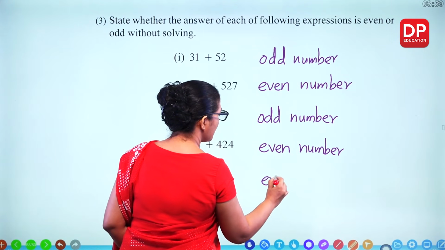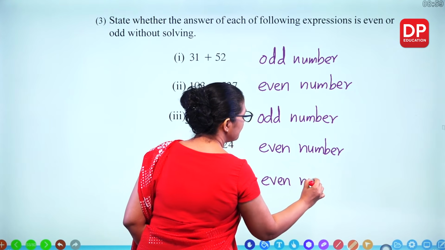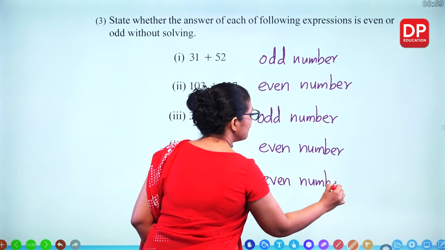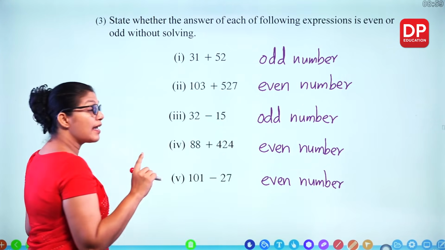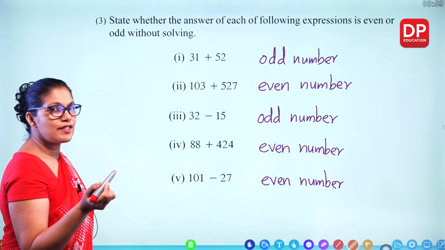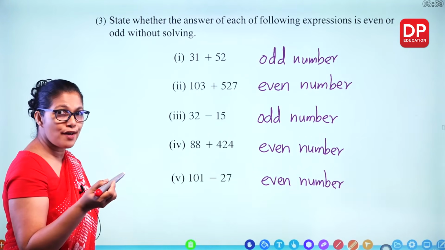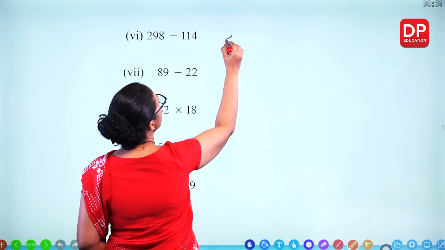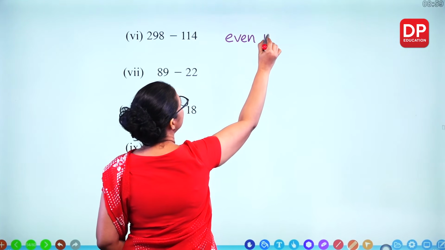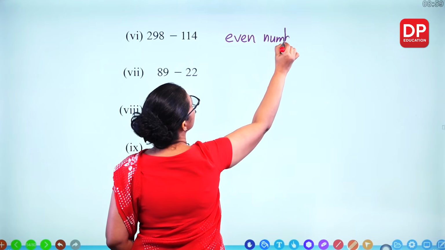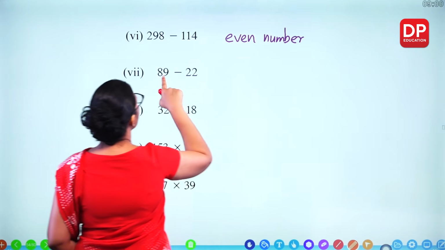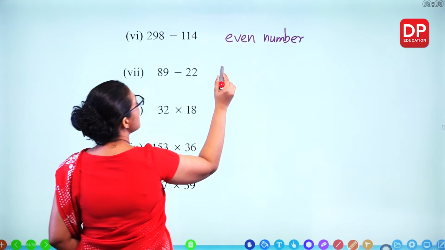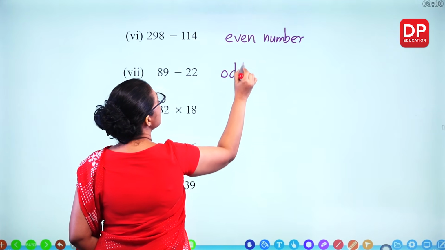That's an even number. So by looking at the last digit, we can identify whether the number is even or odd. 8 minus 4, 4. That's an even number. 9 minus 2, 7. That's an odd number.